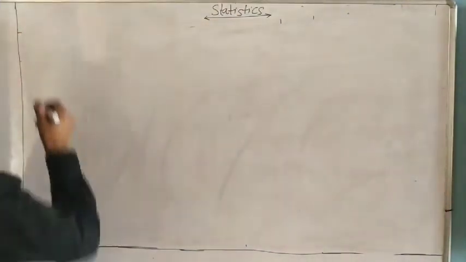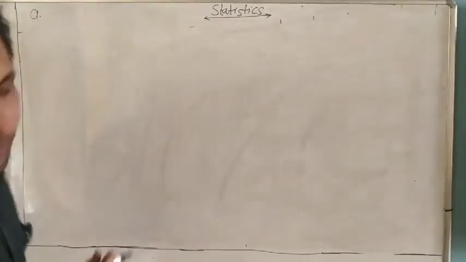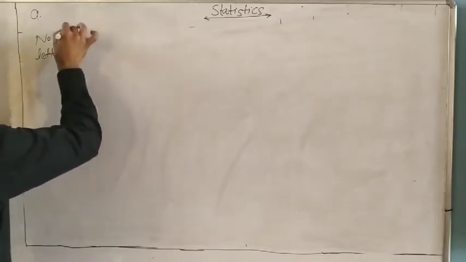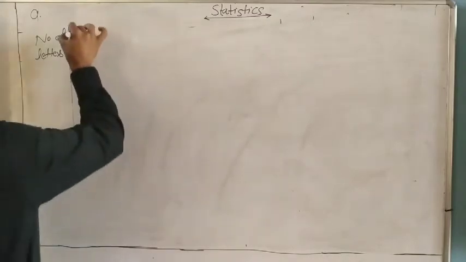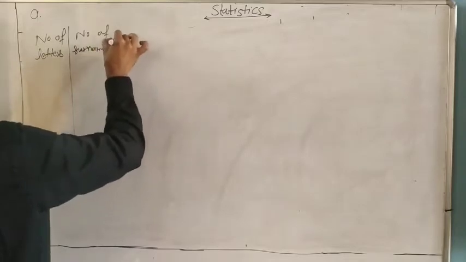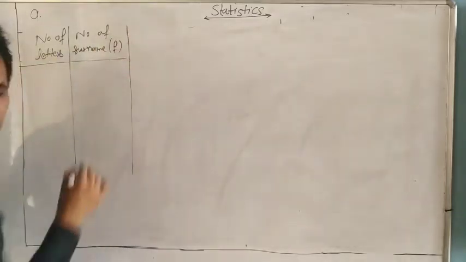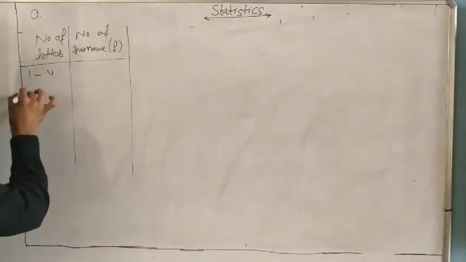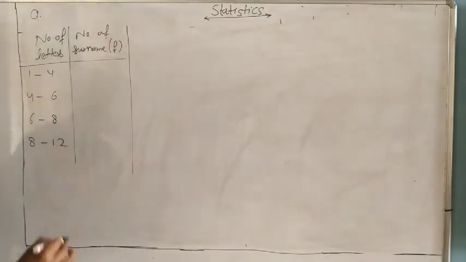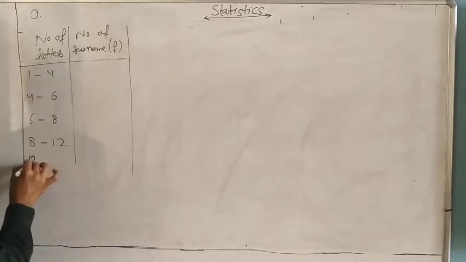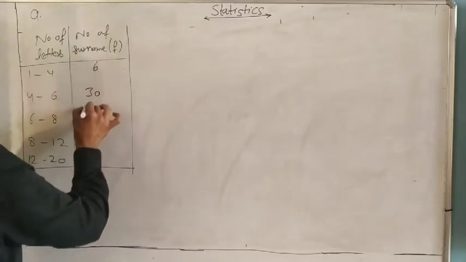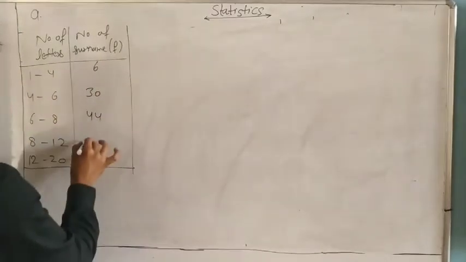Same as it is in question number 9, the last of this one. Number of letters, and next is number of surnames, meaning frequency. The classes are 1 to 4, 4 to 6, 6 to 8, 8 to 12, and 12 to 20, with frequencies 6, 30, 30, 44, 16 and 4.